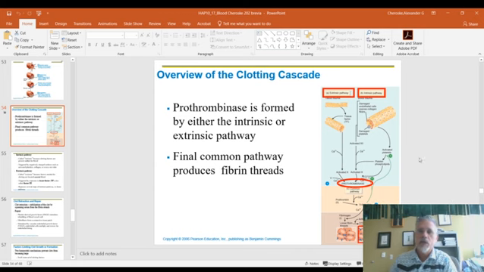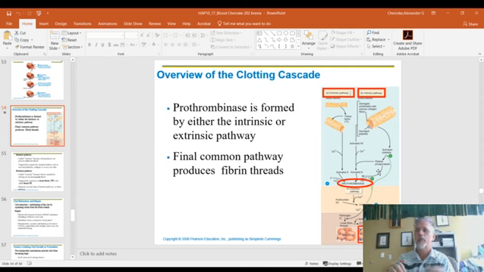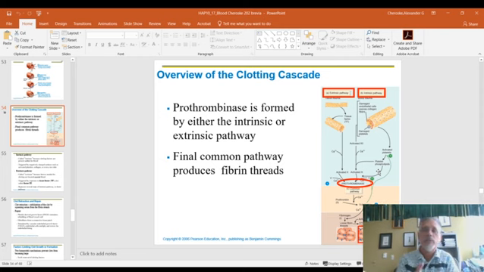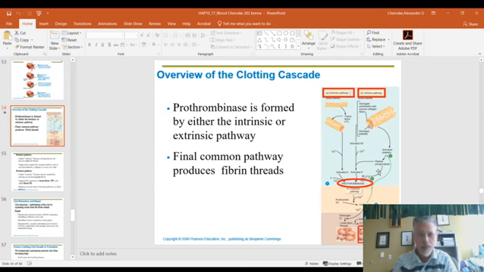But what you do need to know is that the intrinsic pathway uses all of the factors, the complete sequence, whereas the extrinsic pathway uses a shortened set of those factors so that we can kind of sandbag off, like if you think about flooding, sandbag off that surrounding area. So the extrinsic pathway is faster because it uses fewer factors, whereas the intrinsic pathway is a little bit longer because it uses the full pathway and all the factors.